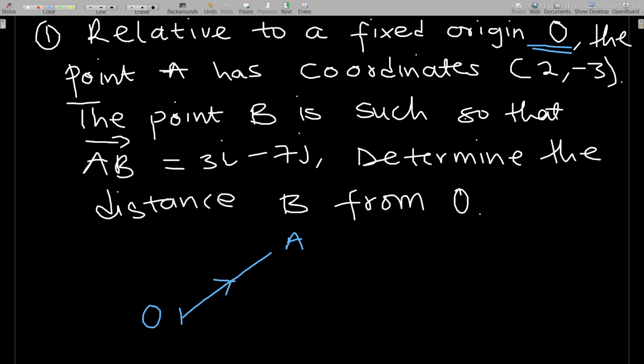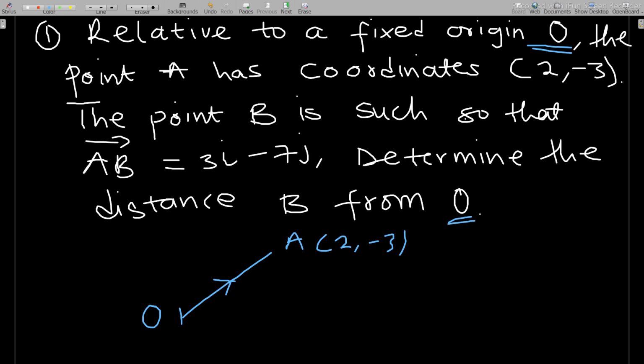The point B is such that AB is this, and we determine the distance of B from O, which is the origin.